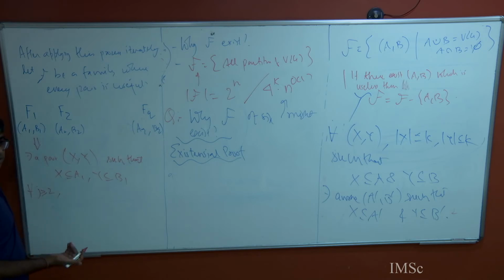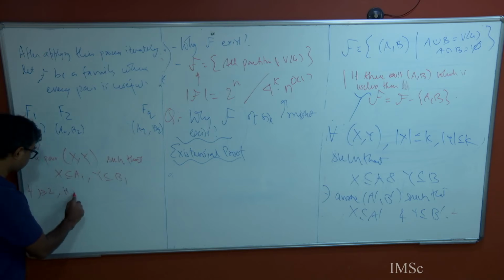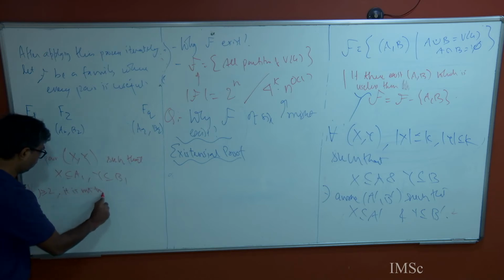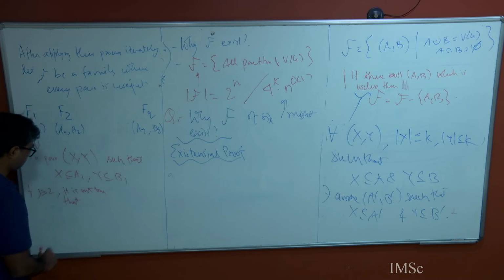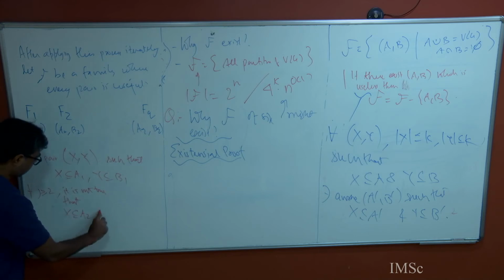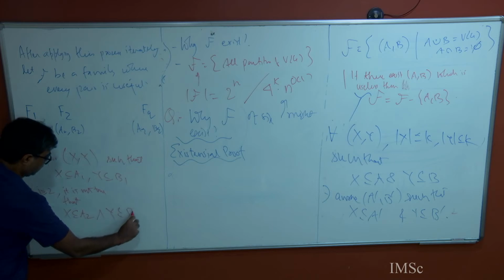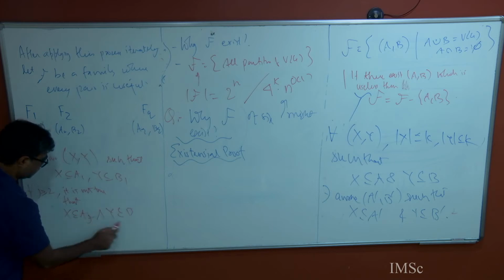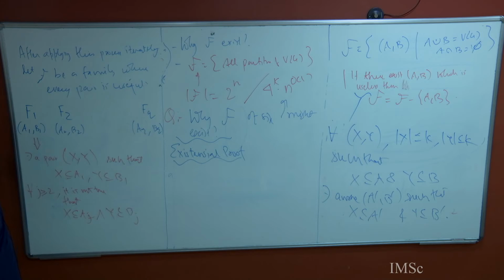Both shouldn't hold, right? For all j greater than or equal to 2, it is not true that x is contained inside Aj and y is contained inside Bj.